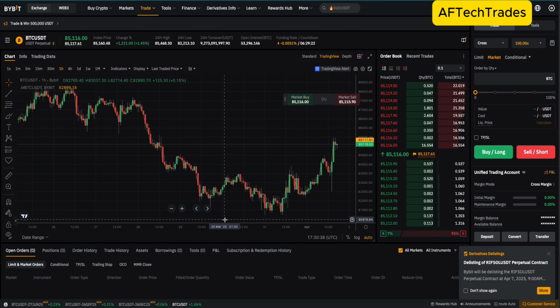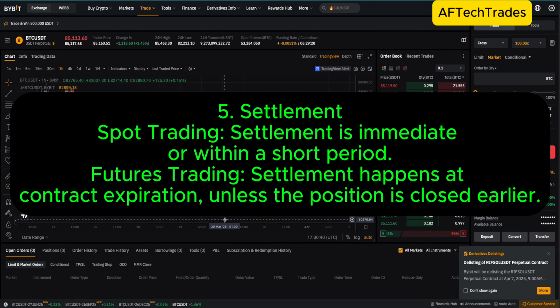Then number 5 on the list: in spot trading the settlement is immediate or within a short period. The settlement in spot trading is immediate because you own the asset, you can sell it at any time, whether you're in loss or in gain. You can just decide you want to sell this asset because you own it already.